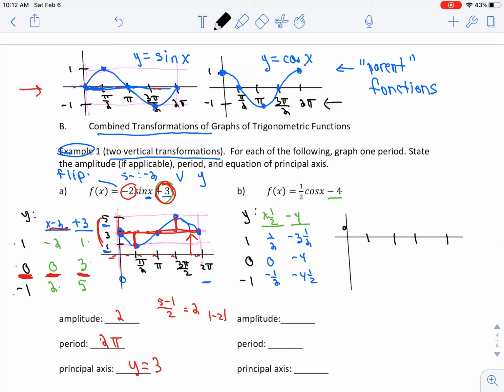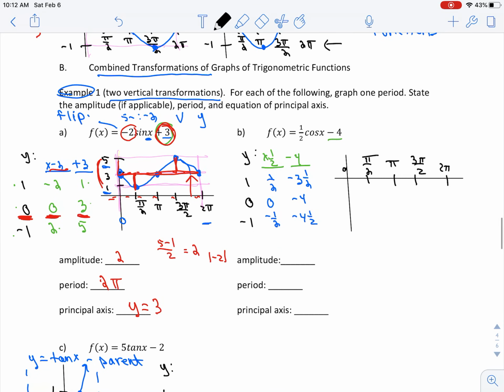So this is going to be 0. I'm going to write it above because my graph is below. Pi over 2, pi, 3 pi over 2, and 2 pi. And then on this axis, I need my -3.5, -4, -4.5. Of course, -4.5 is smaller than -3.5.